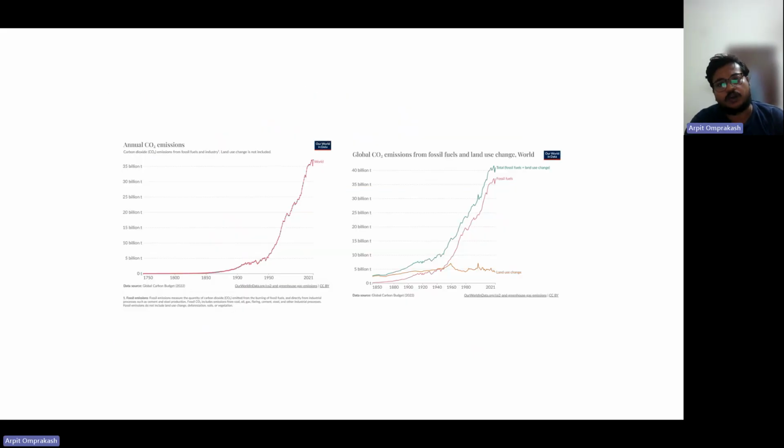Then here we see how the annual carbon dioxide emissions have been increasing in the world across the past few years. You see that from the 1850s to 1950, and in the last 10, 20 years, it has been increasing quite a lot. Then most of it can be attributed to fossil fuel, as we see in the next graph, and some of it to land use change, which is decreasing.